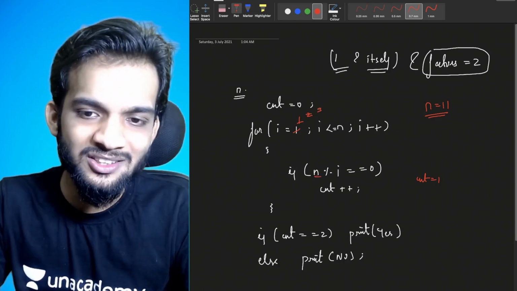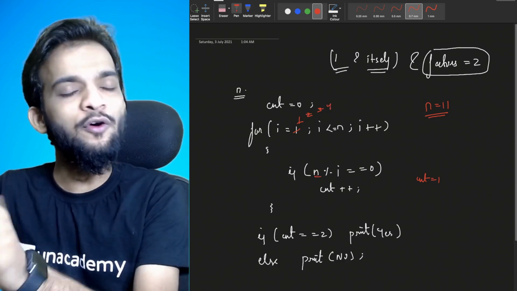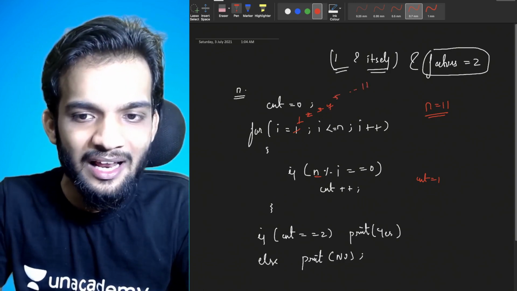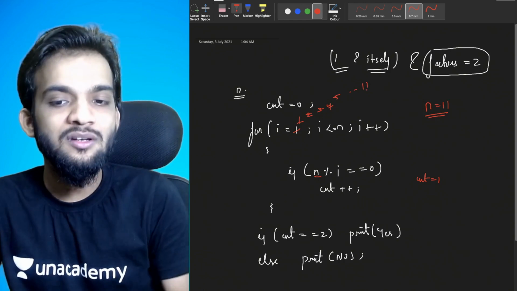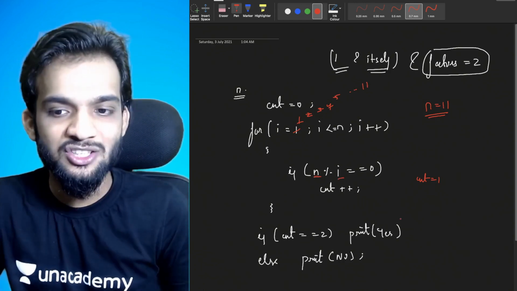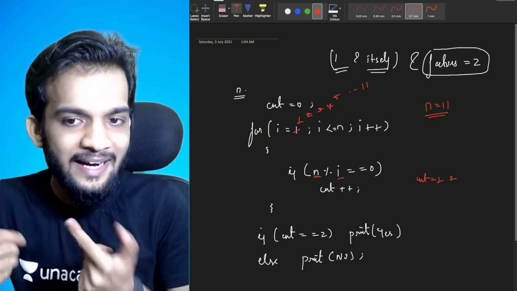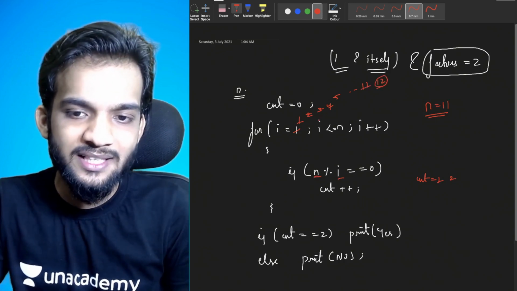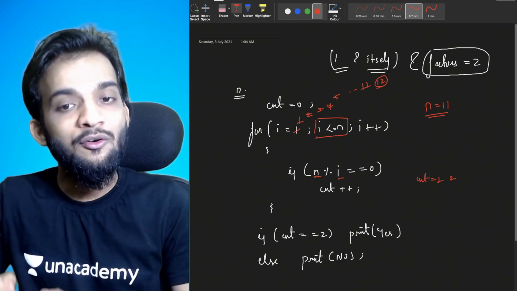No. Next, 4. 11 modulo 4. No. Goes on like 5, 6, 7, 8 till 11. And the moment it gets to 11, 11 modulo 11. Yes. So the count will become 2. And at the end, the for loop will exit because i will become 12, and this condition will ultimately be false.